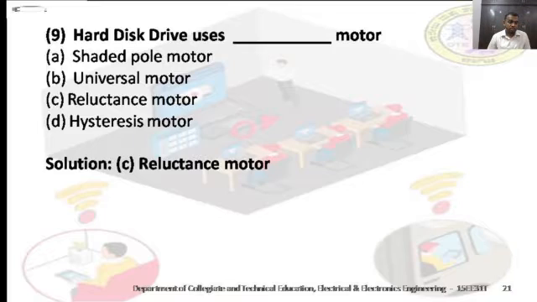A universal motor gives a very huge amount of noise, but in reluctance motor, since there is no connection for separate AC excitation to the rotor, it will be running at synchronous speed. Hence, the hard disk drive, HDD, uses a reluctance motor.